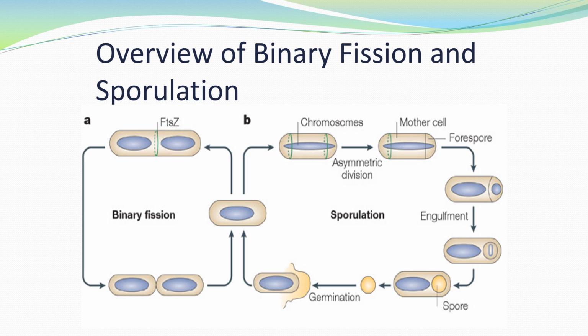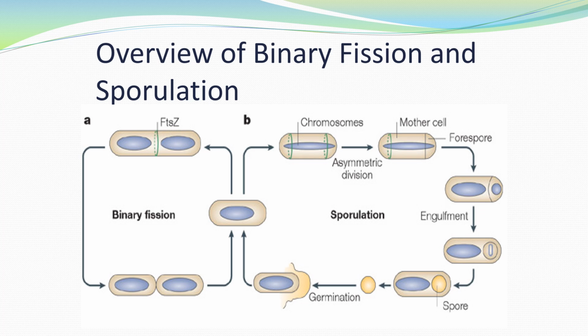So we can see there at the bottom that that spore is being formed, and it's kind of preserving, in a way, the bacterial cell or the cell in general, and then germinating to create that cell so it can reproduce normally.